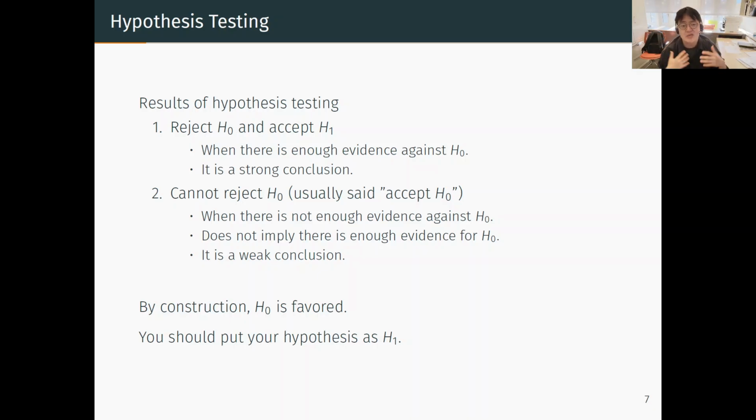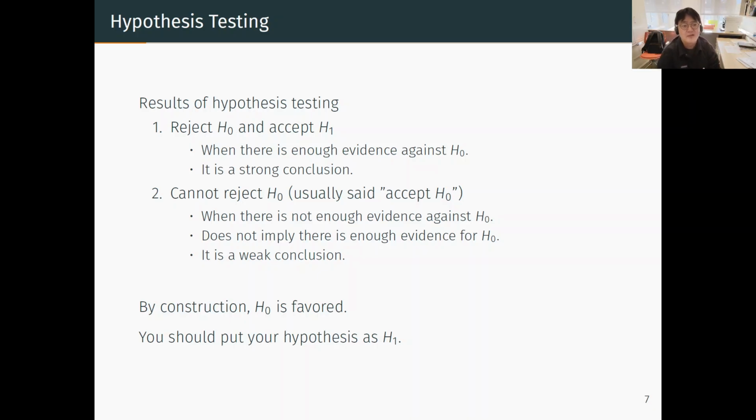That's where the unfairness comes from. And that also means when you use statistical hypothesis testing for your research, you have to put your hypothesis as the alternative hypothesis, because you have to take the handicap and overcome that.